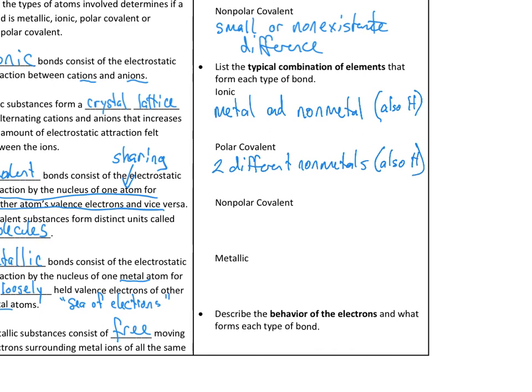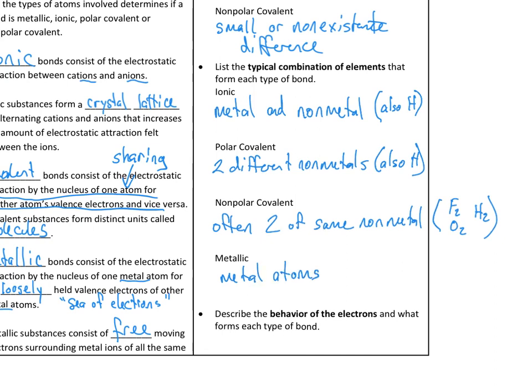And our nonpolar covalent is often, not always, but often two of the same non-metal. So that would be things like F2, O2, H2, those kinds of things. Our metallic is just metal atoms of any sort. Metal atoms are going to make metallic bonds, and it doesn't matter if they're the same type of metal atom or different. Okay, so moving on to the back page.